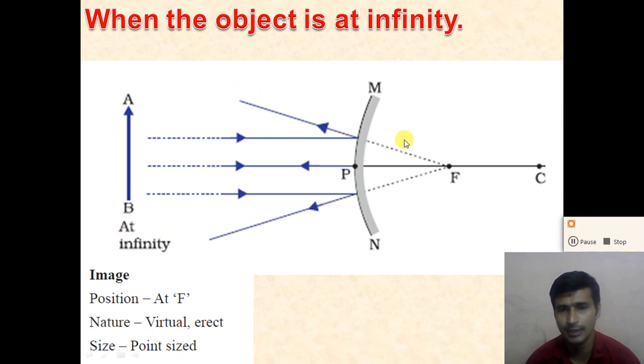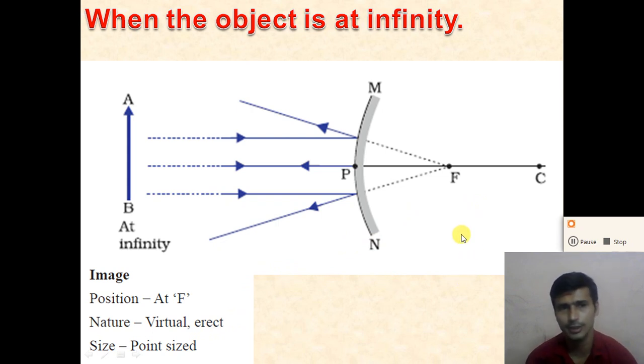But if we extend these rays beyond, they appear to pass from the principal focus. So where will the image be formed? The image will be formed at the principal focus. And what type of image is formed? Virtual and erect, right, and very small, like a point size.